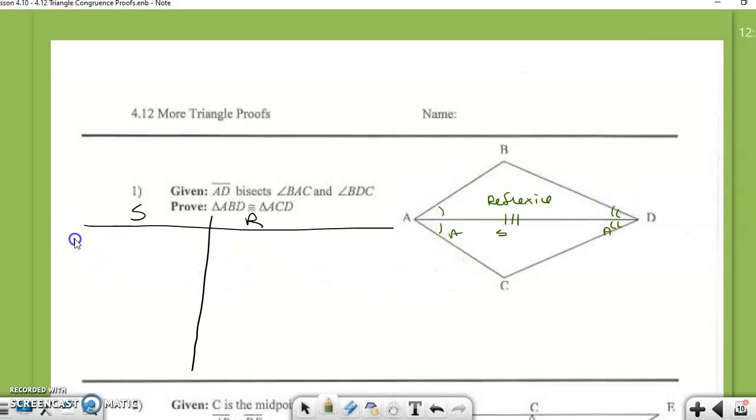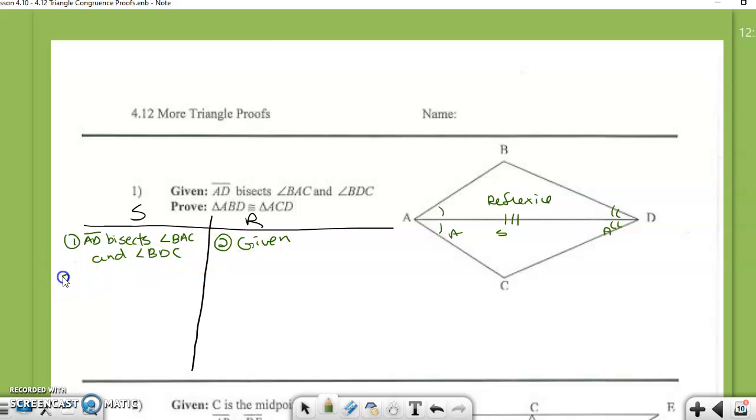I've got angle, side, angle, and I have the corresponding on the other triangle. So I'm ready to actually get started. I'm going to have AD bisects angle BAC and angle BDC. That is my given.